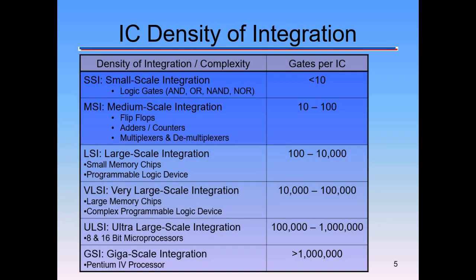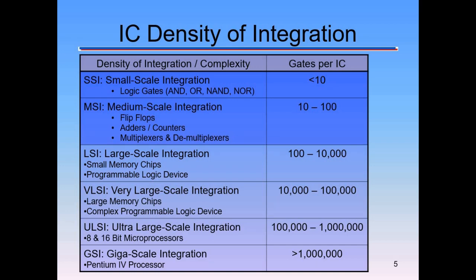Now, when I was talking about all those acronyms earlier, SSI, MSI, LSI, you can read all those. But when we're talking about those, it's the number of gates per integrated circuit, or per IC. So small scale is less than 10. Those are ANDs, ORs, NANDs, XORs, inverters, those sort of things. Medium scale integration is when we start adding in flip-flops, adders, counters, multiplexers, demultiplexers.